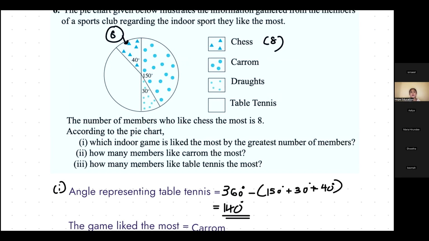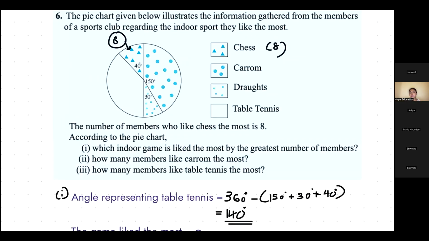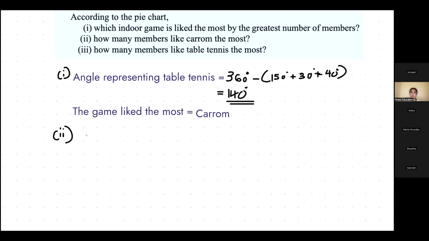Correct, that is correct. Because the chess angle is 40 degrees and we know 8 members play chess, 40 degrees is represented by 8 members. Then we know 1 degree is represented by 8 divided by 40.